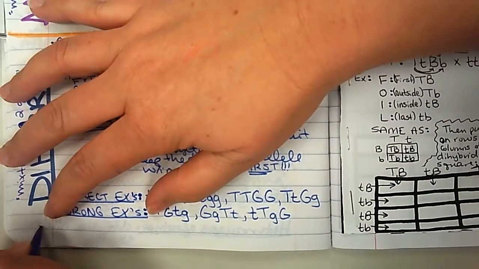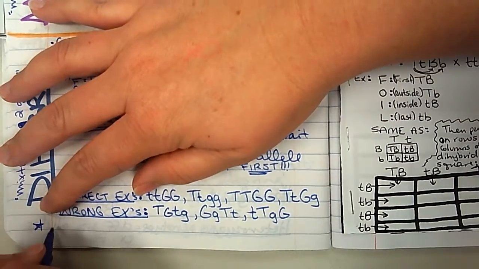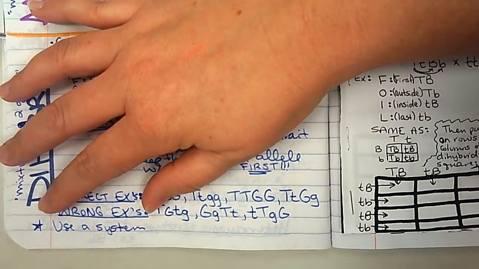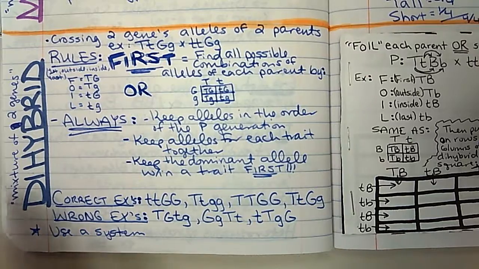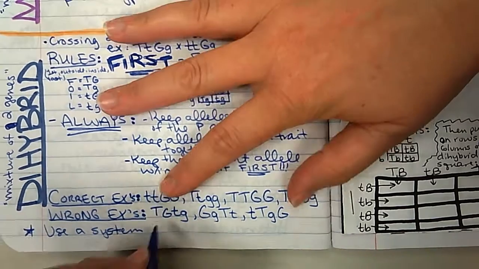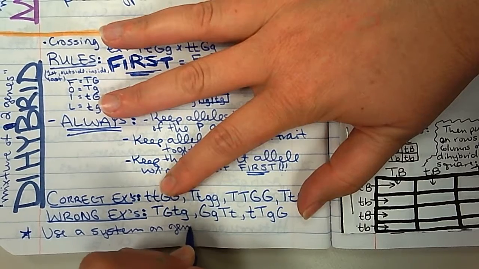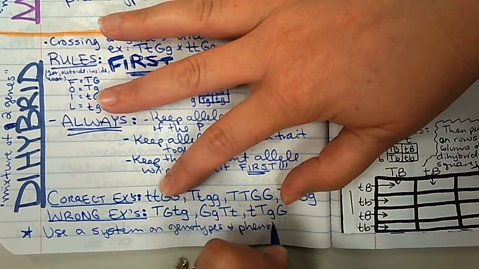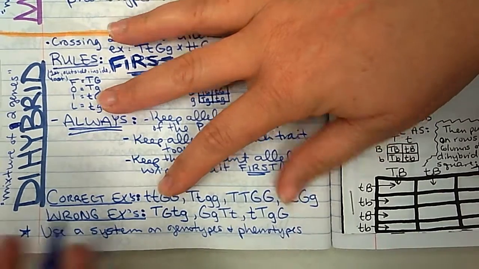One more important note is use a system. I told y'all in monohybrid crosses, it's important to have a system. It's not as important in those, but once you get into here, you need to use a system on the genotypes and phenotypes to keep track.